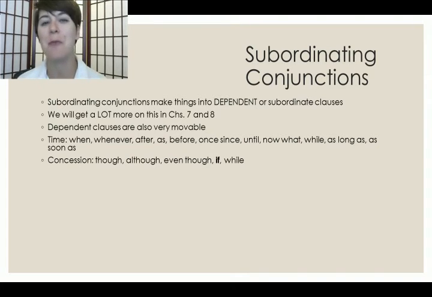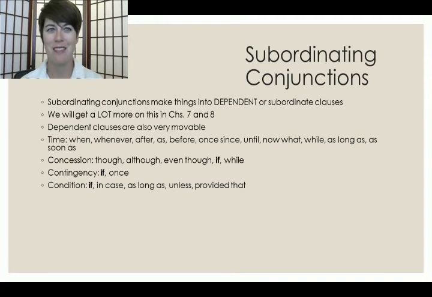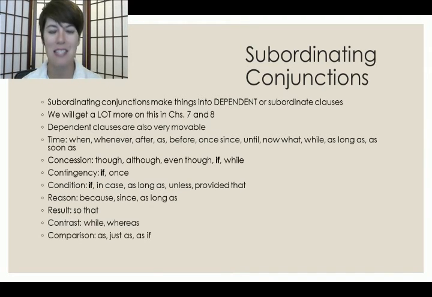I've bolded if because it's going to be coming back. It could show us contingency. If could show us condition, along with many other words. And if has one other gigantic function that we're not even talking about here. Reason, result, contrast, comparison. All of these words can function as subordinating conjunctions, which we will again see in Chapters 7 and 8 as part of our second midterm.